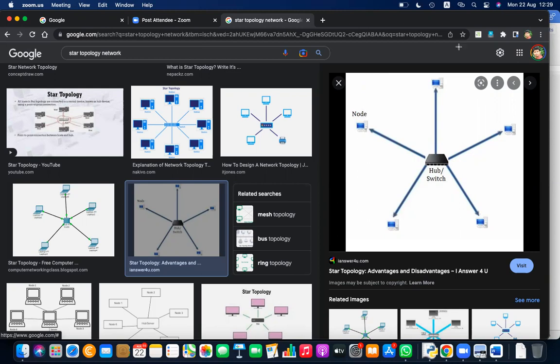All the parties can transfer data at the same time. Therefore, there will not be any delays. No delays means faster.